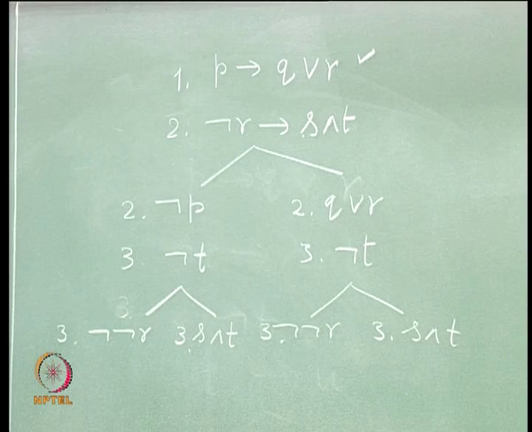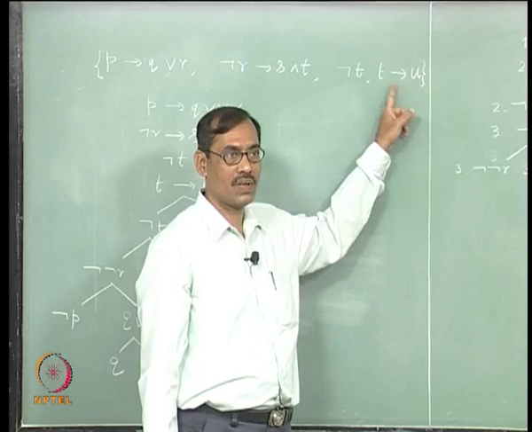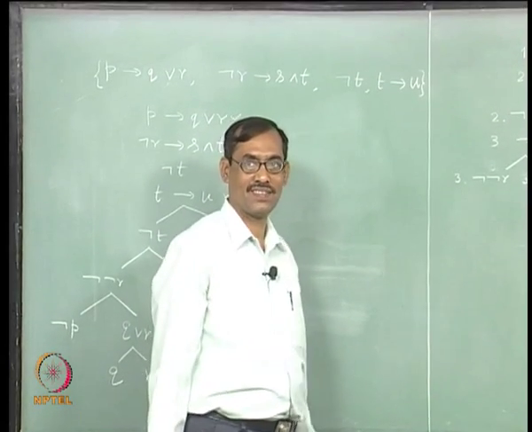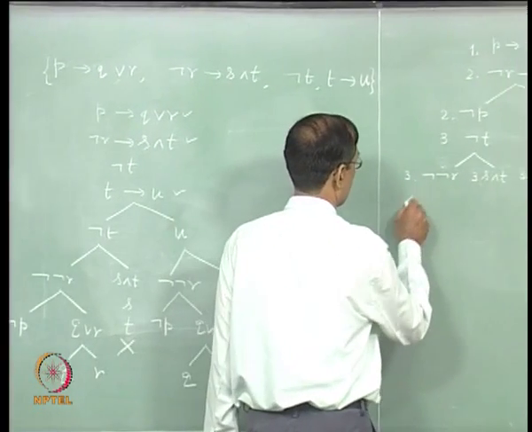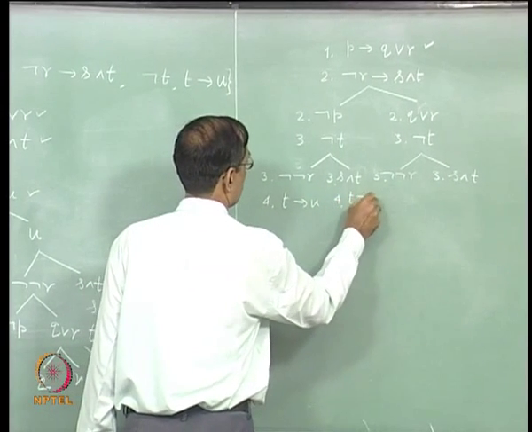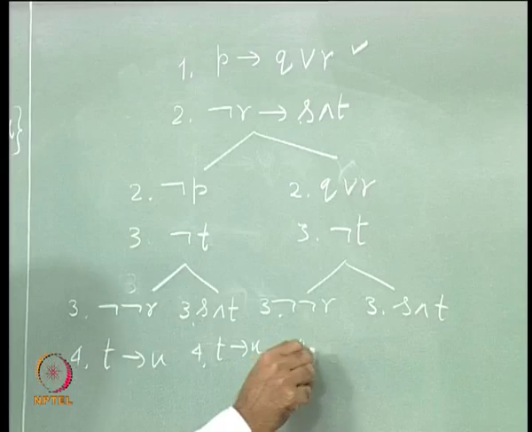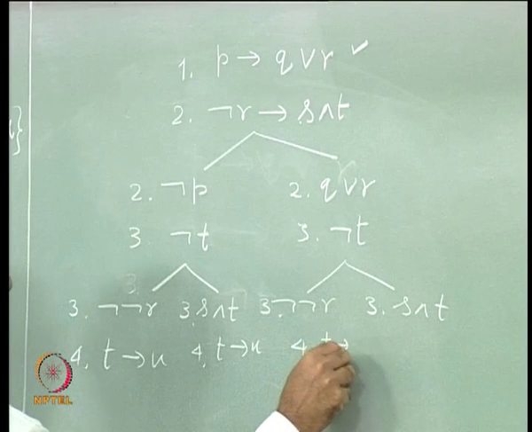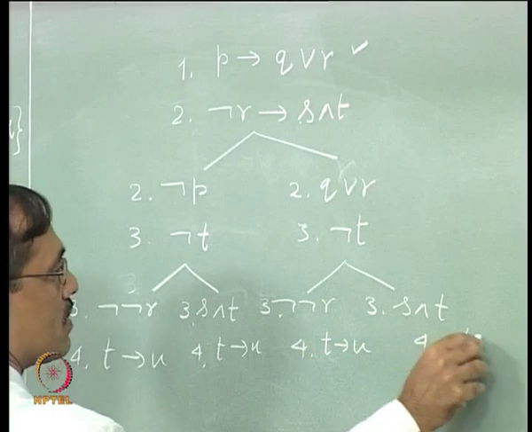So, anything is closing, that has to be checked always, nothing is closing till now. So, I go to fourth stage. Fourth stage, there is the fourth proposition. So, I have to introduce fourth stage. So, that gives T implies 0 on each of the open paths.